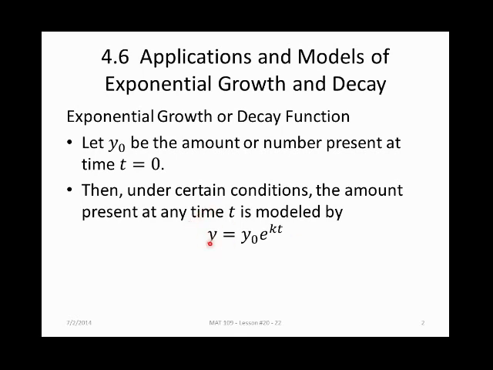This equation says the amount of the material at some future time equals the amount that was there in the beginning times base e to the k times the time. k is a constant. y sub 0 is also a constant.